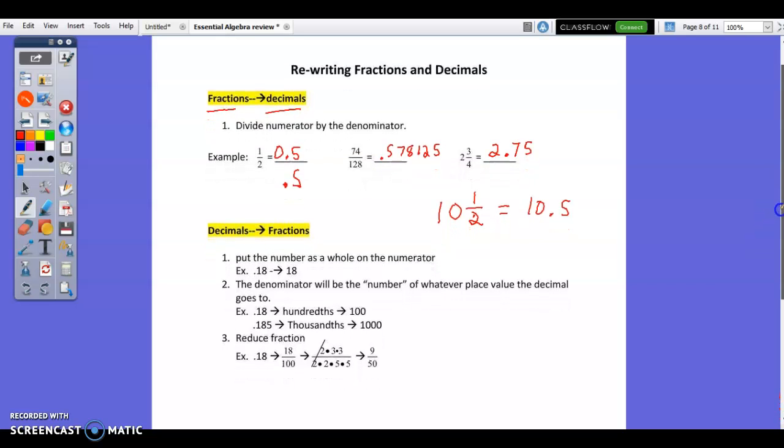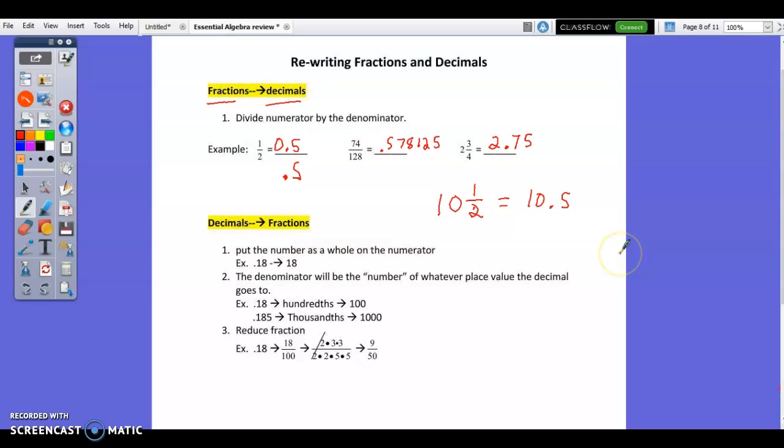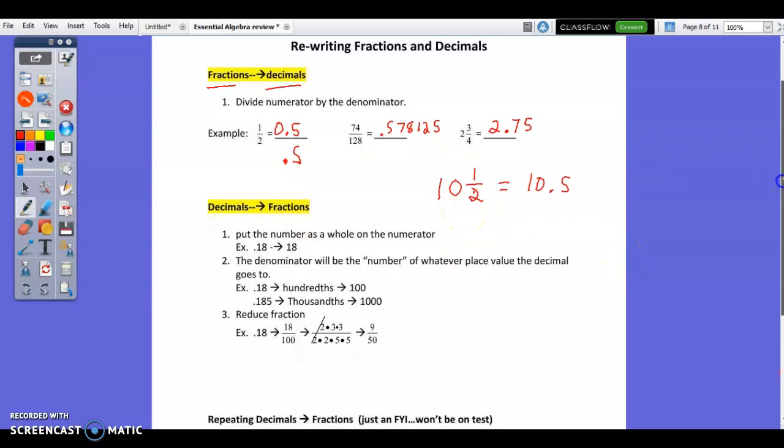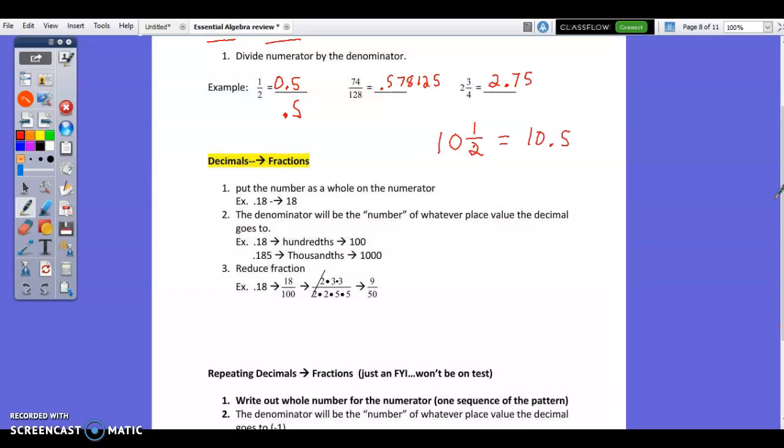On our handy calculator, it's very easy to go back. You saw how I was toggling it, but I want to explain how we would do that even without a calculator and how we would set it up. Going from a decimal to a fraction, we put the number as a whole on the numerator, which is the top. So if I look at 0.18, I would think of just 18. That number would go on the top of the fraction.